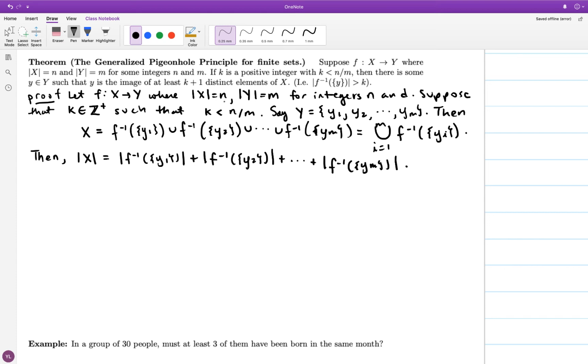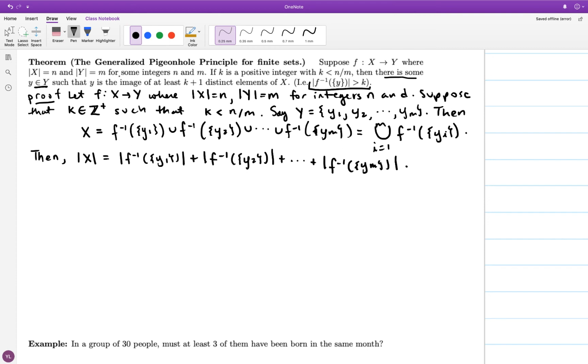Okay, now I want to suppose by way of contradiction, so let's look at the last sentence of this theorem. Then there is some y such that... well, if I'm going to assume by way of contradiction the negation of this punchline, I'm going to assume for all y in the codomain, y is not in the image of at least k plus 1 distinct elements. In other words, this right here is negated.